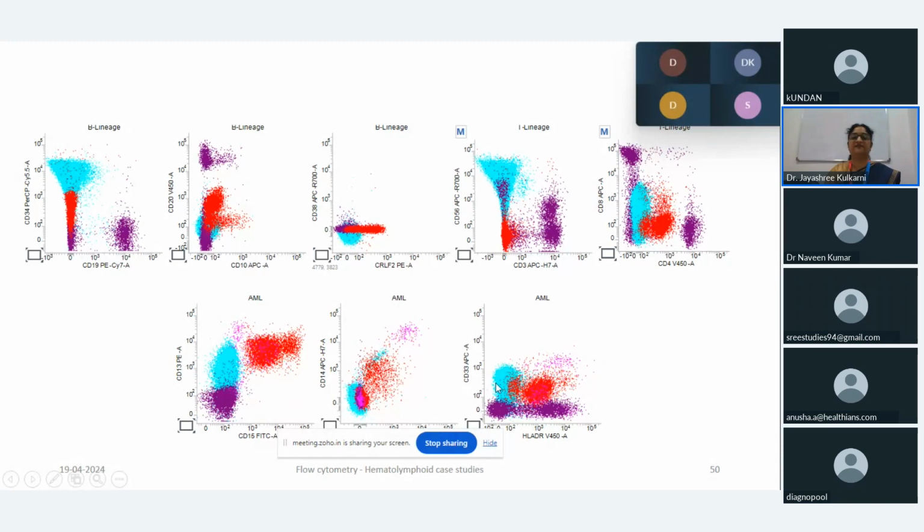HLA-DR is negative, 33 is very low, 13 is positive, but 33 definitely is very low. Now with this, we were wondering what kind of a case is this? Is it M0? Most likely it could be M0, but then there is 56 positivity and CD33 looks quite dim. This is not a straightforward case.